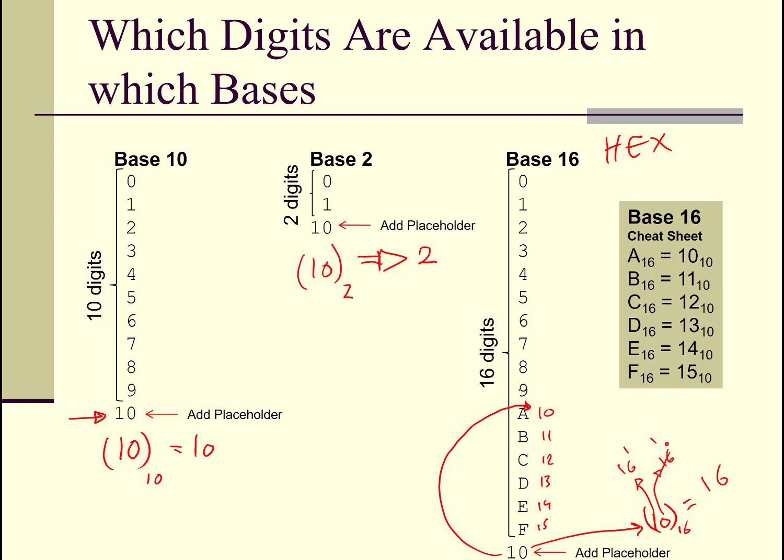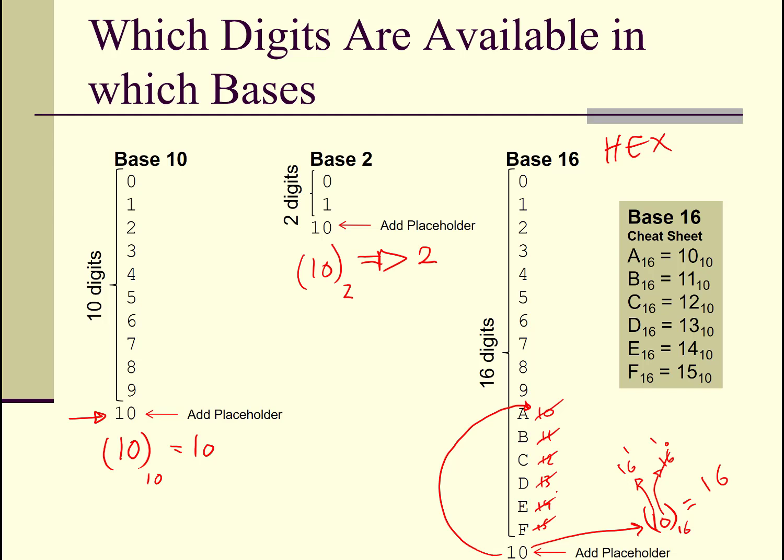This is why we said, okay, after 9, let's take 10 and represent it with A, 11 represented with B, then C, D, E, F. And this representation is used because it's only one digit. We add the second digit when we exceed the maximum of the base.